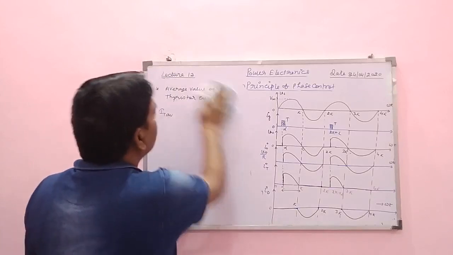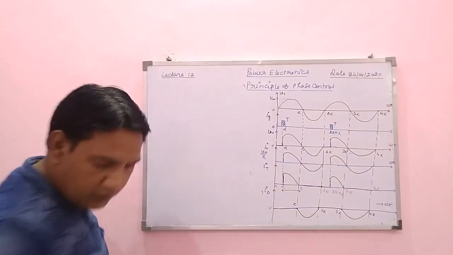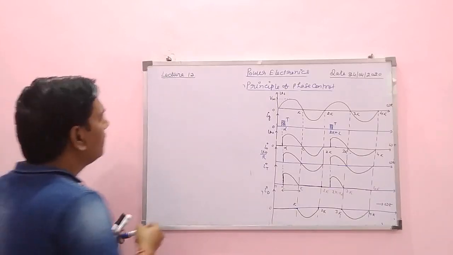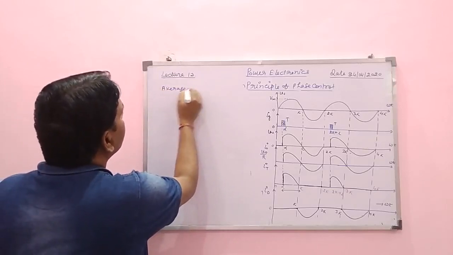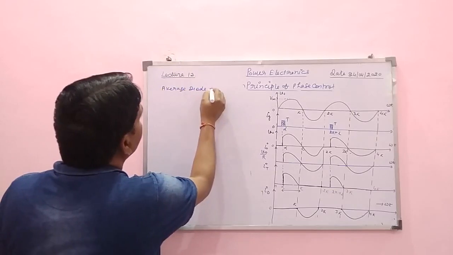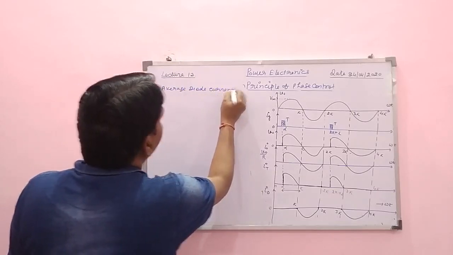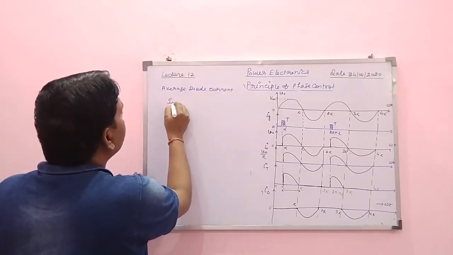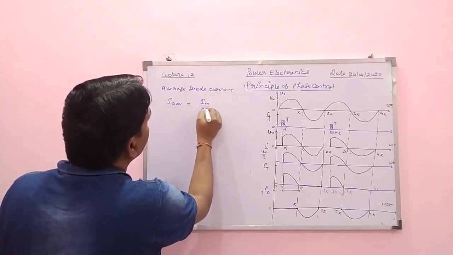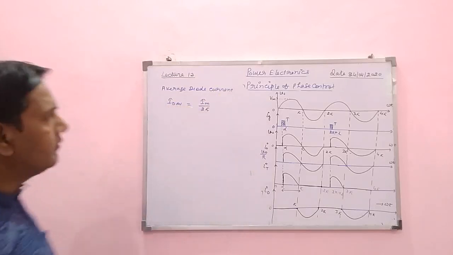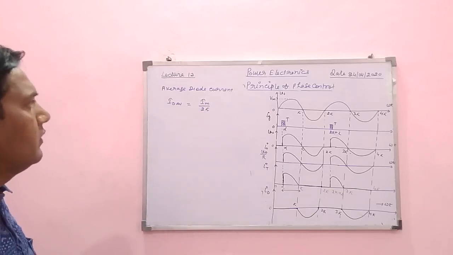So if you have to determine the diode current, you can simply calculate the average diode current. For a half rectified wave, ID average is equal to Im upon 2 pi.